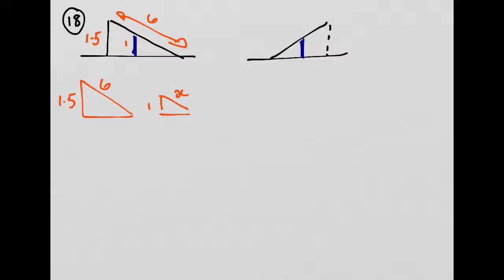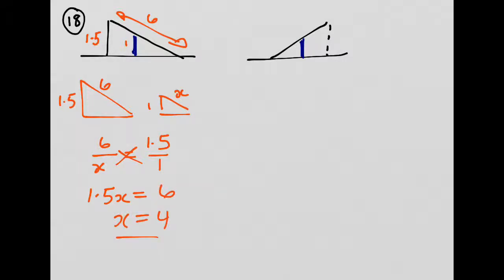We know from our work on similar triangles that 6 over x equals 1.5 over 1. Cross multiplying that gives us 1.5x equals 6 and x equals 4. So the x equals 4 is this part here. So if that part is 4, then that top part is 2.